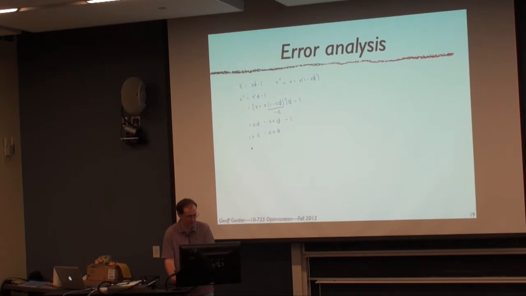We factor out the epsilon: epsilon times 1 minus x phi is equal to minus epsilon squared.